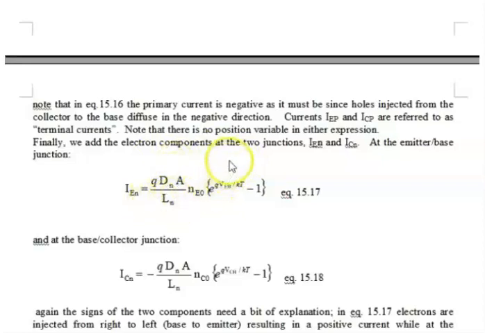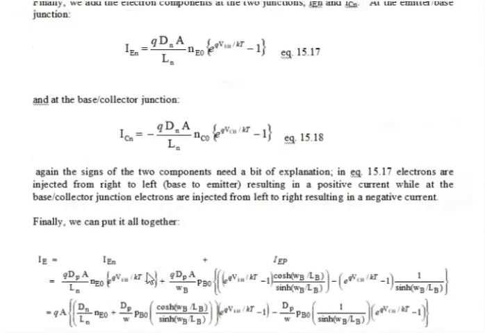And if electrons go from right to left, that means the current goes from left to right, and that's why it's positive. This term represents electrons which are injected from the base into the collector. And if electrons go from base to collector, left to right, that means that current goes from right to left. And of course, that's why we have a minus sign here.